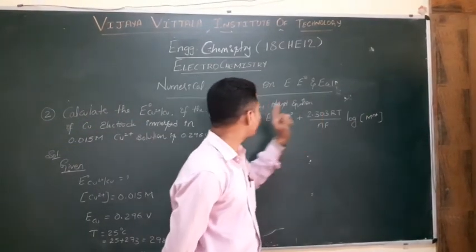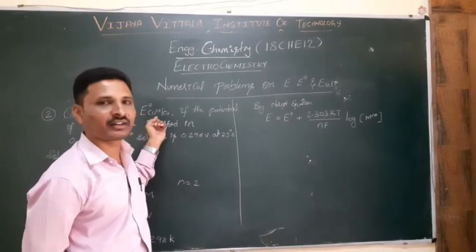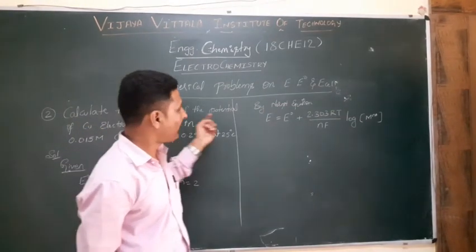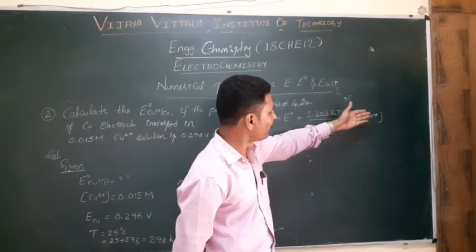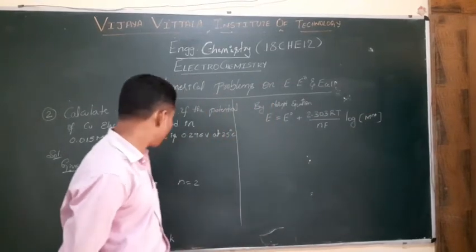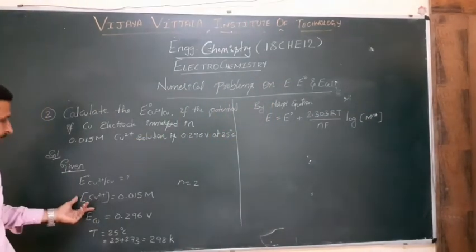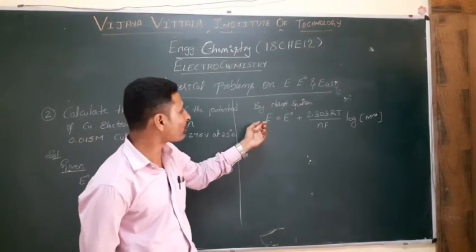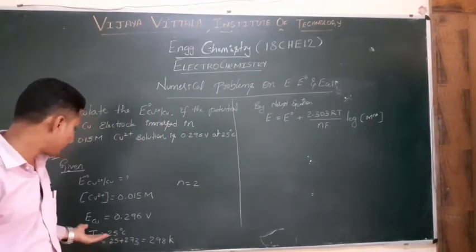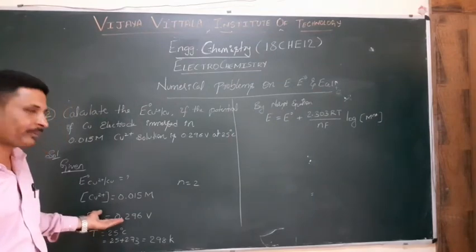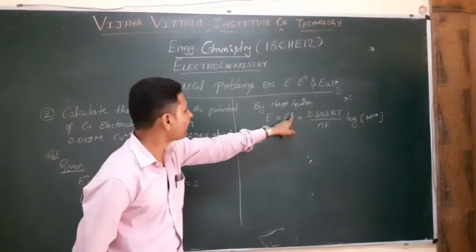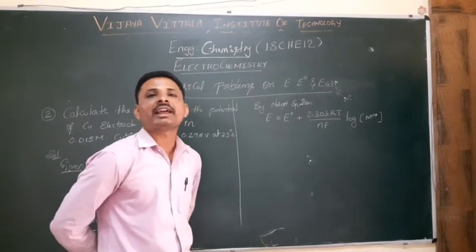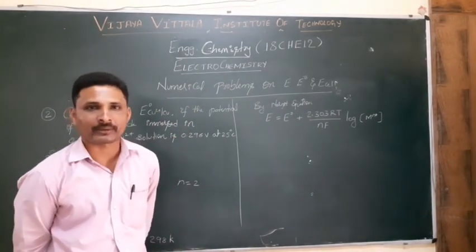M n plus, that is, copper 2 plus ions are involved, so we know the concentration of metal ions. And we know the electrode potential value also, E of copper, as given.